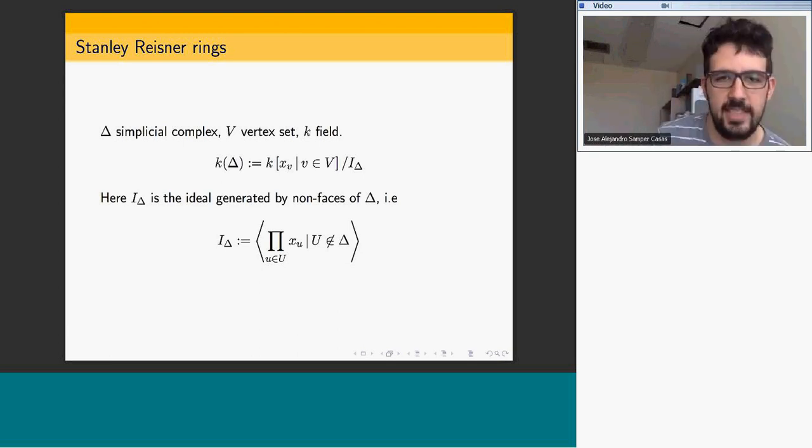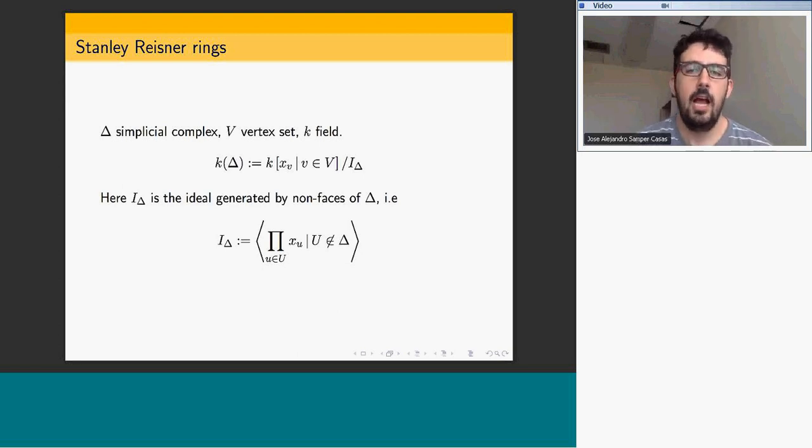If I take a simplicial complex delta on a vertex set, and I fix a field K, I'm going to write the ring K[delta] to be the polynomial ring with one variable for each vertex, and I mod out by the ideal, what is called the Stanley-Reisner ideal of delta, which is the ideal generated by all products of subsets of the vertex set which are not faces.